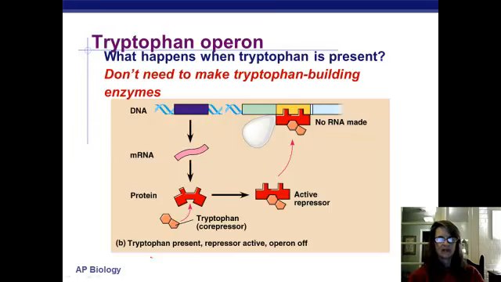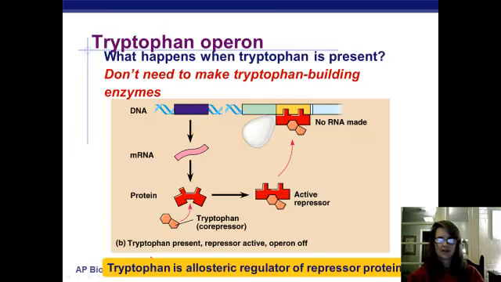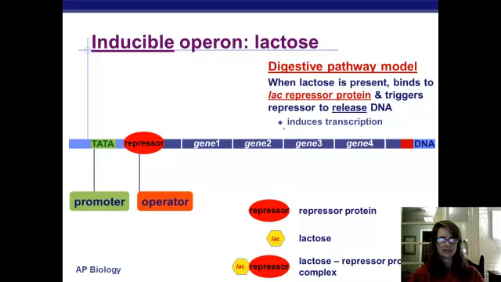Okay? So this is just showing that tryptophan itself, the product of the pathway, is an allosteric regulator. It goes into a second active site in this repressor protein, causes it to change its shape so that it can bind to the operator, and then we're not going to make any tryptophan that we don't need.